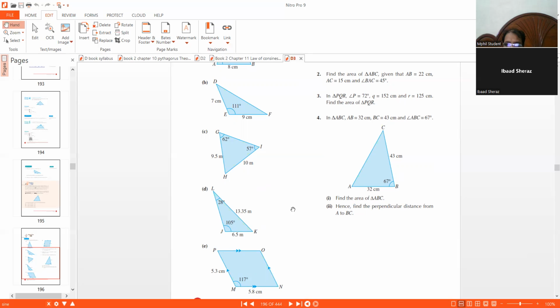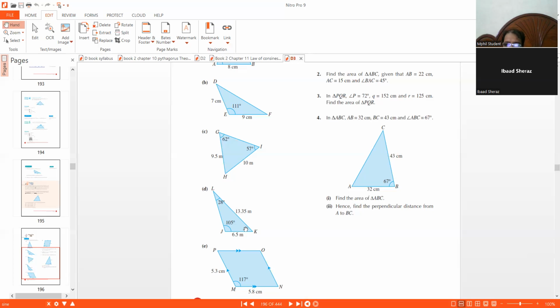That's 133 minus 180, so angle LKG is 47 because angles in a triangle add up to 180. You will use this formula to calculate the area of the triangle, with this 47 degrees you have calculated. So this one, 1 by 2 into this into sine of this angle.